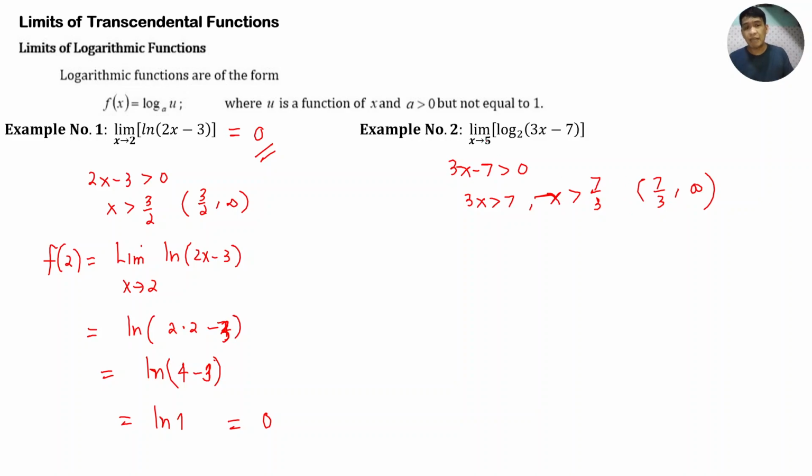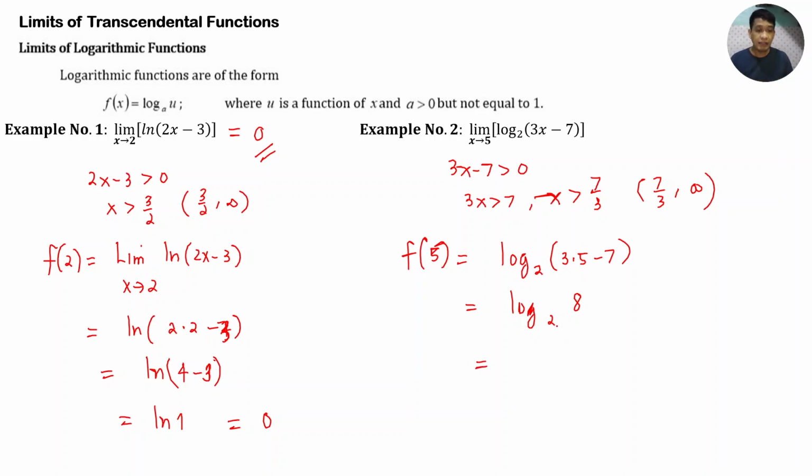And since 5 belongs to that interval, so pwede tayong gumamit ng function value. So this is log of 3 times 5 minus 7 to the base 2. So this is log of 8 to the base 2 because 3 times 5 is 15, minus 7 is 8.